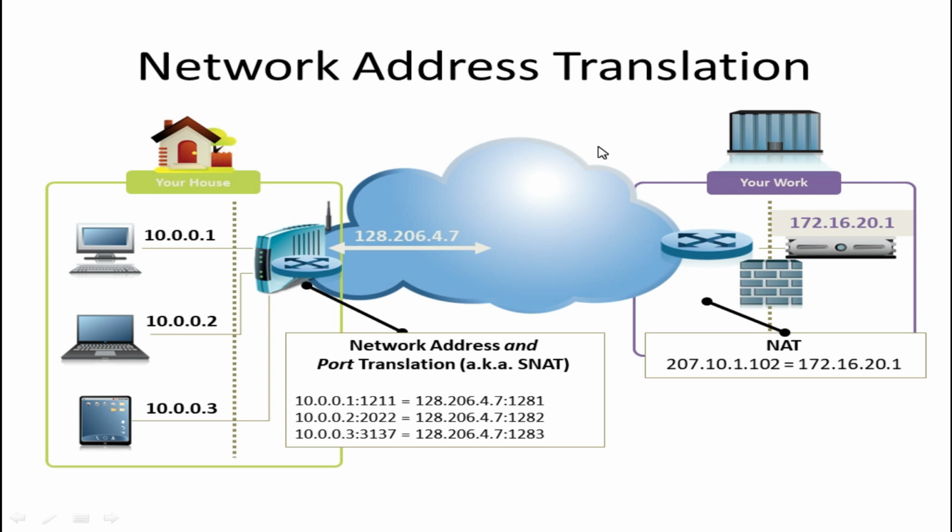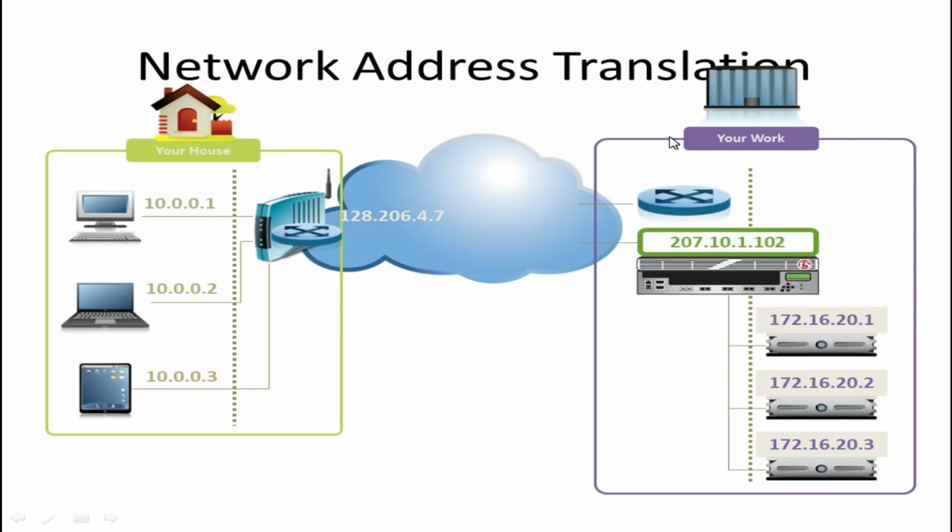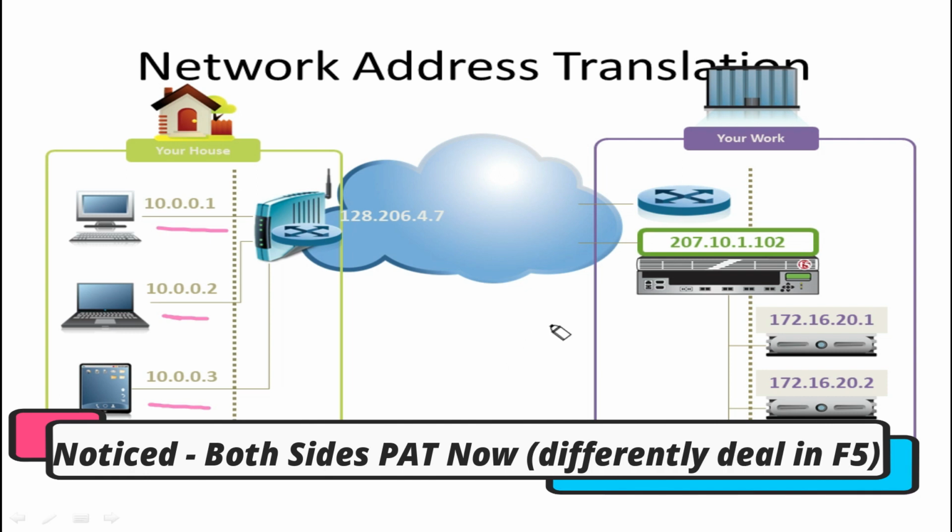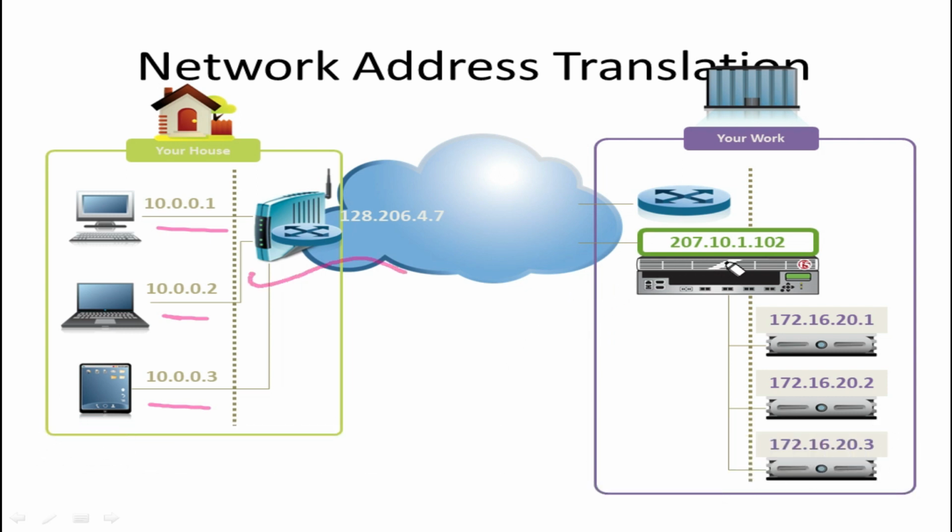Okay, let us make some more changes to this environment. So here you can see in our work environment we have introduced a BIG-IP system now. This BIG-IP system is load balancing between my backend servers. Again, at my home I have three IPs, which are private IPs that would be routable over the internet using this public IP range.